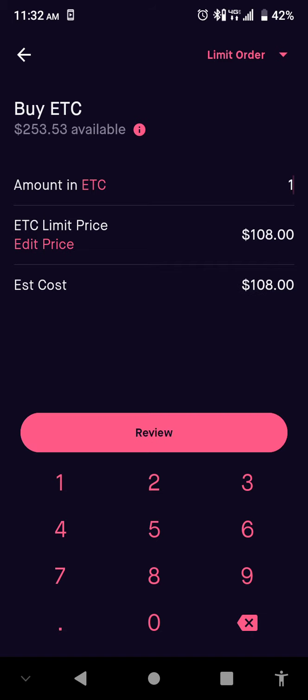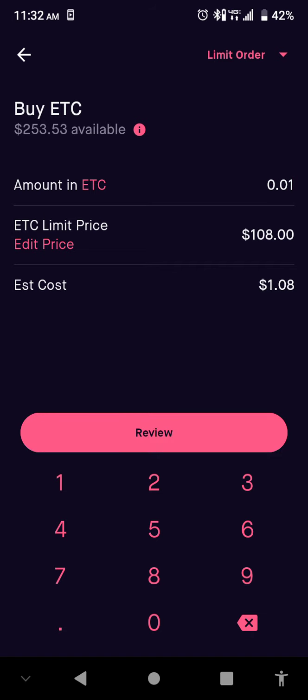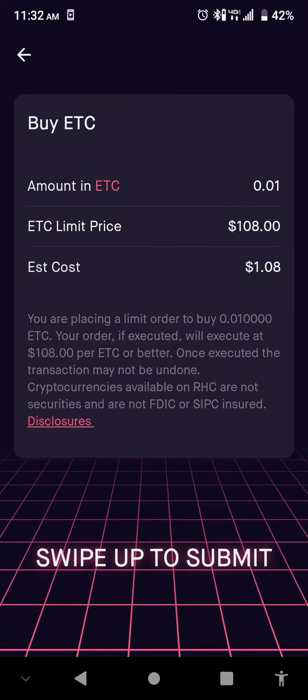If I was going to buy a whole one, it would be $108, but I don't want to buy a whole one, so I'm going to do a decimal and say I'm going to do 0.01. So I'm going to get basically 1% of a whole one. So it's $1.08. I'm going to go ahead and hit review.